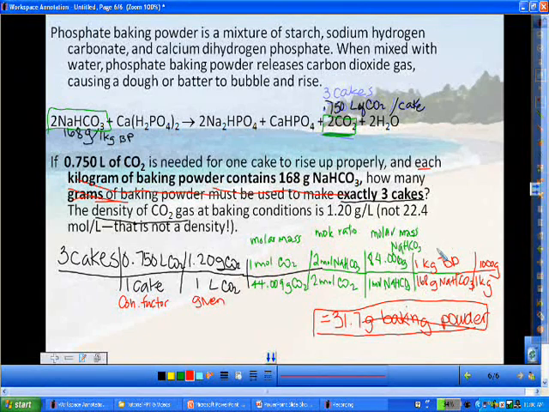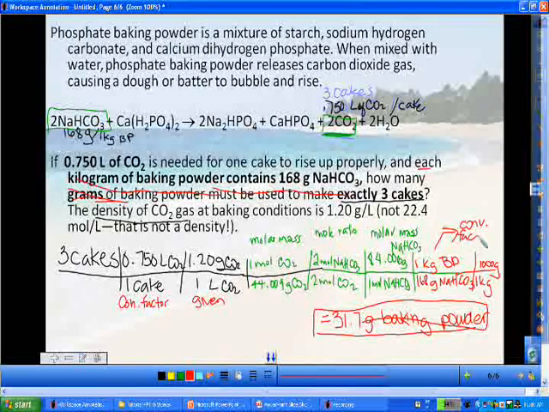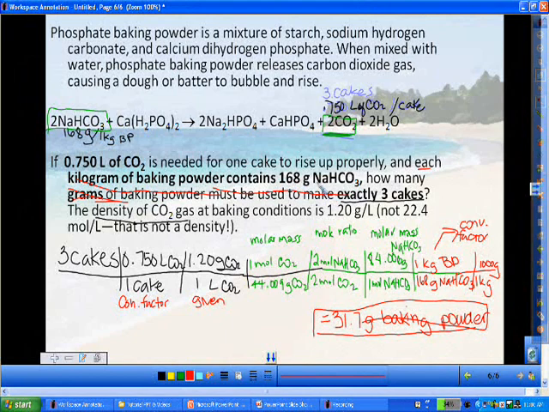And then we also see the need for this one. This is another conversion factor given to us in this problem, that each 1 kilogram of baking powder contains 168 grams of the sodium hydrogen carbonate.